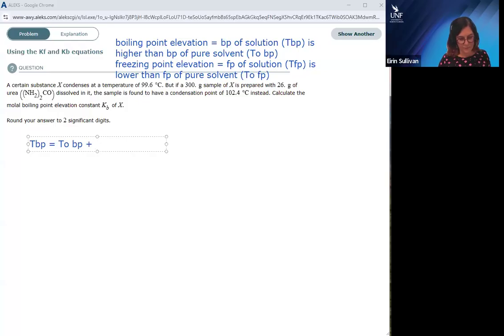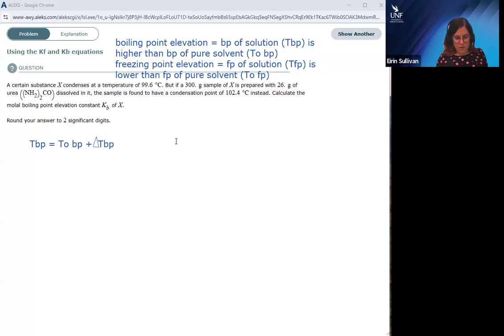We're just going to call that delta T, the boiling point. So I'm going to put a little delta symbol in there, like so. Delta means the change, right? So you've got to add in the difference between the pure solvent and the solution in order to work out the boiling point of the solution.